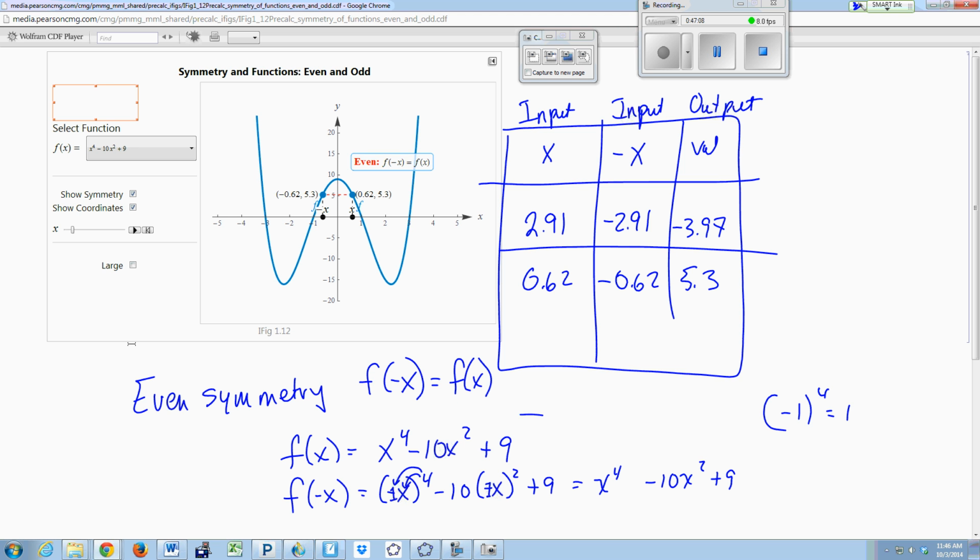Well, lo and behold, f of x is exactly the same as f of the opposite of x for all x's. So you've just proven mathematically that this function is even. Okay, so that's how you would do it. You would put down your function, then you replace x with the opposite of x, and if they're the same, you're golden. It has symmetry about the y-axis.